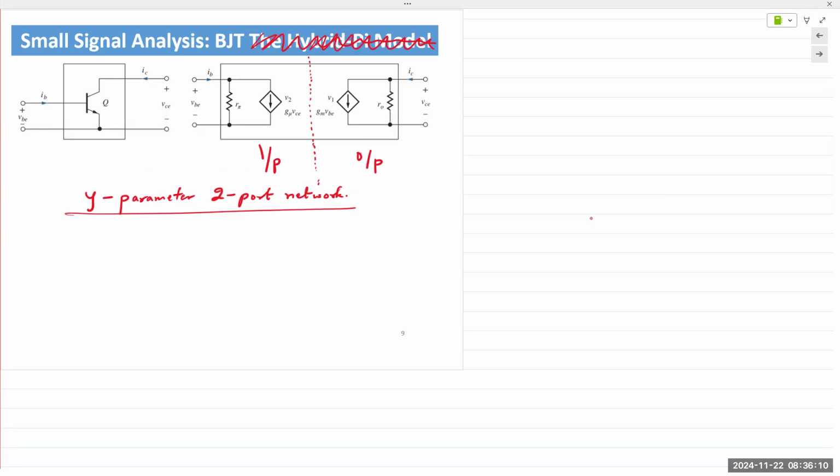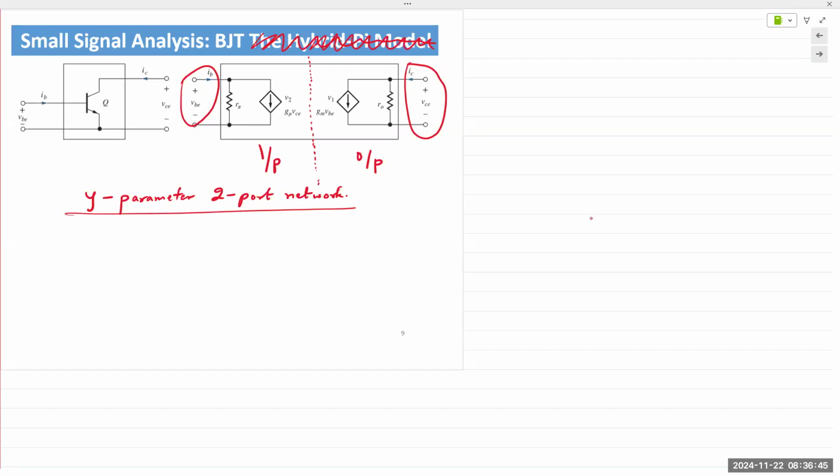So as the input, we have IB and VBE, and at the output, collector current and the collector voltage. If you notice, both currents are going in, okay? That's because it's acting like a current source and a current sink. And so the normal accepted convention is always that both currents are flowing in. The collector current from the output is also flowing into the BJT. And then, of course, IB and IC combine to form the emitter current, IE.